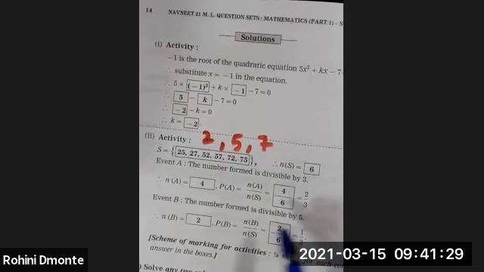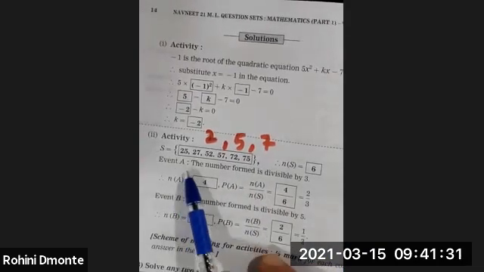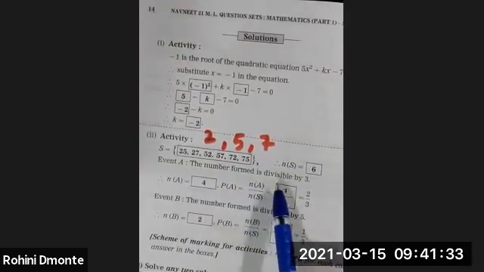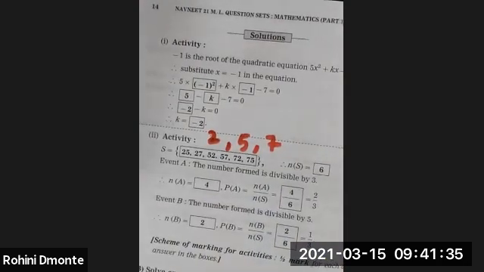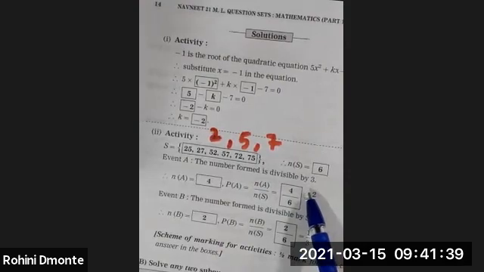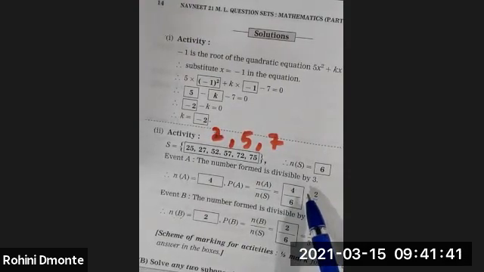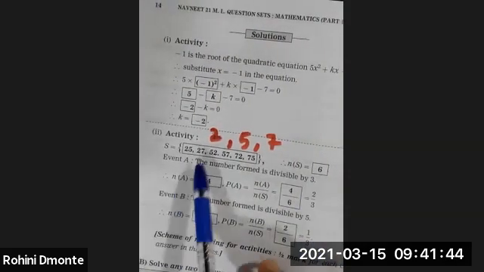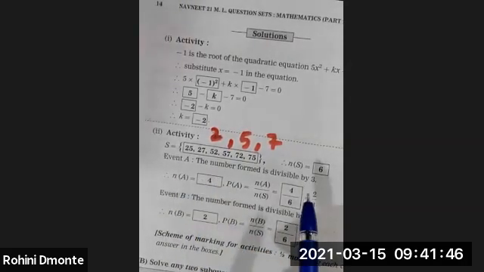Okay, now what is the next part of the activity? Event A: the number formed is divisible by 3. See, look here. Now what do you have to use? The test of divisibility of 3. What is the test of divisibility of 3? Here there are 2-digit numbers. Suppose there are 3-digit numbers, then how do you find the numbers which are divisible by 3?